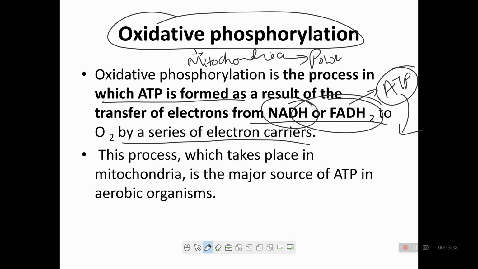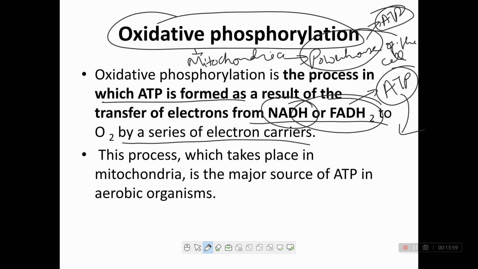Mitochondria is the powerhouse of the cell, meaning all ATP is synthesized in the mitochondria. So it is called the powerhouse of the cell.